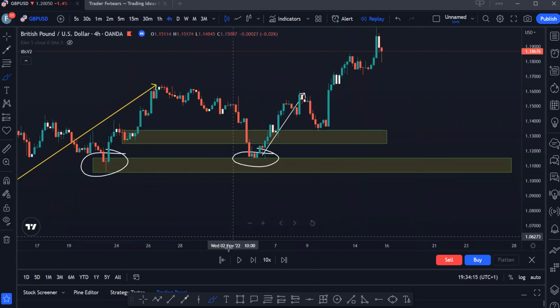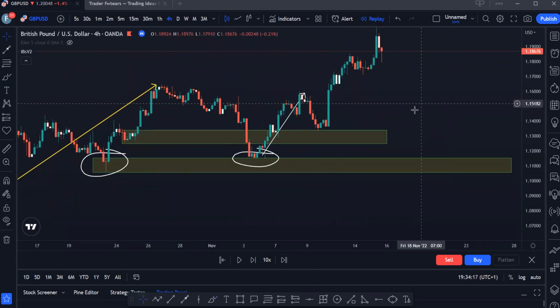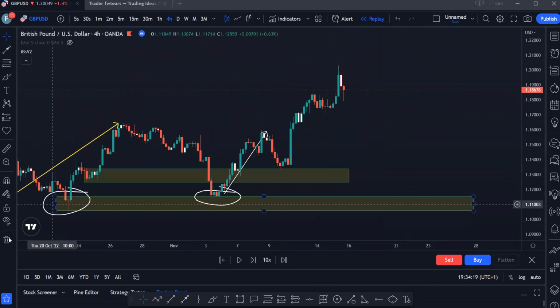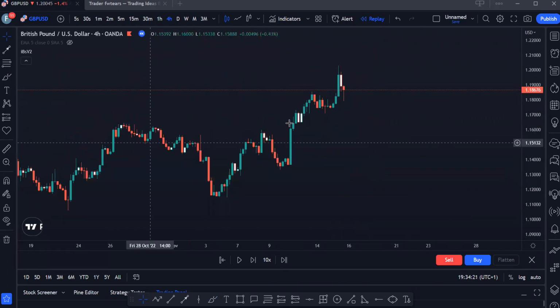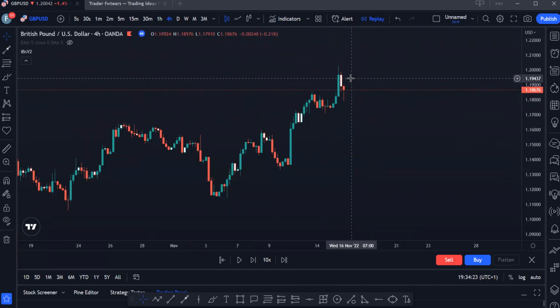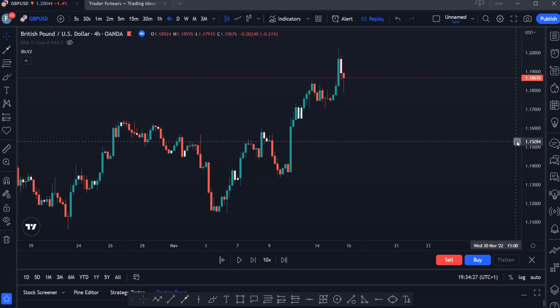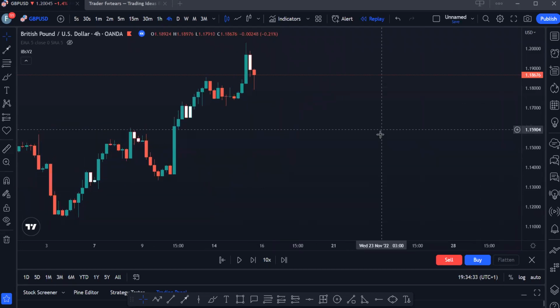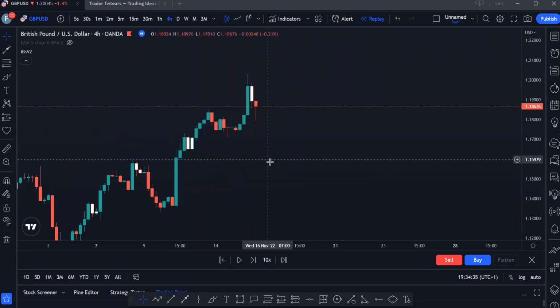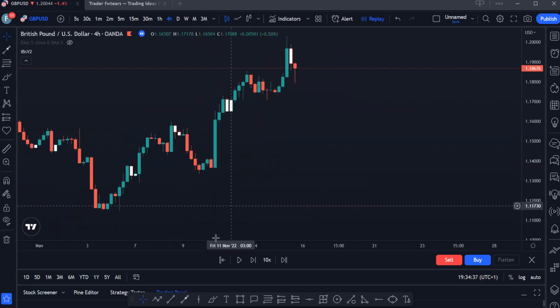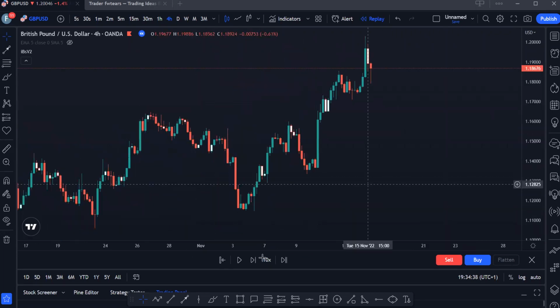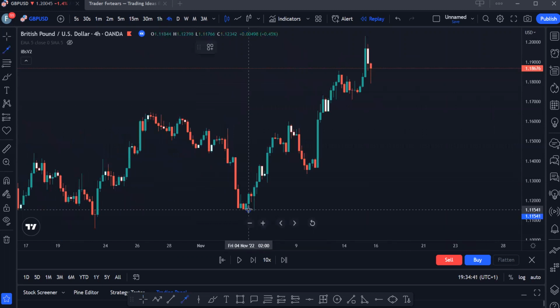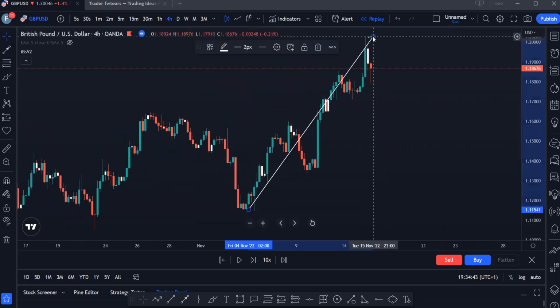So we are still in an uptrend. In an uptrend, you want to look for buy setups, and then you want to look for price to retrace into a support level. So in this uptrend, all of this from here to here is an impulse leg.